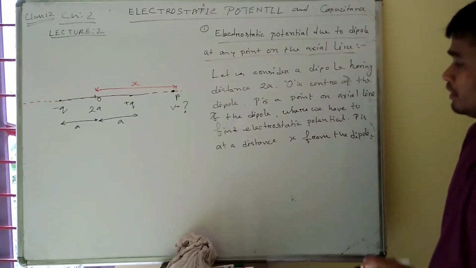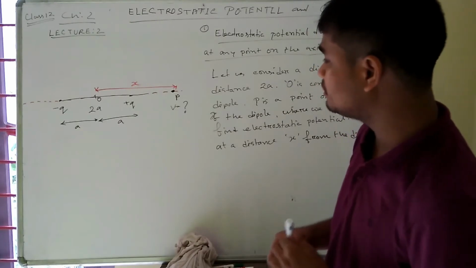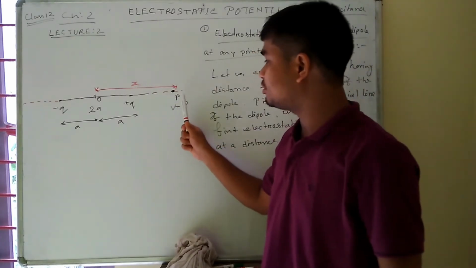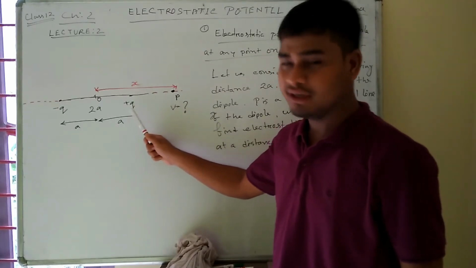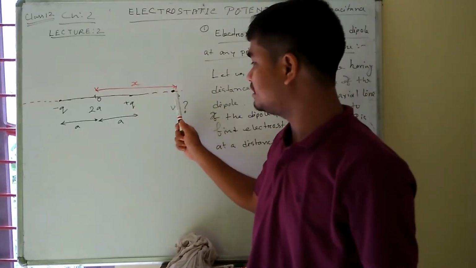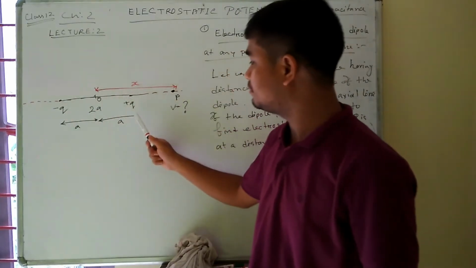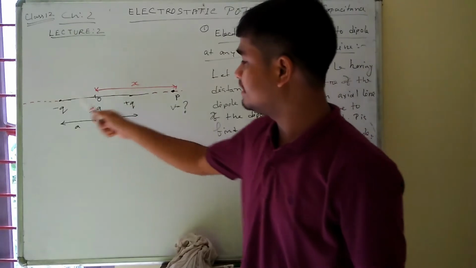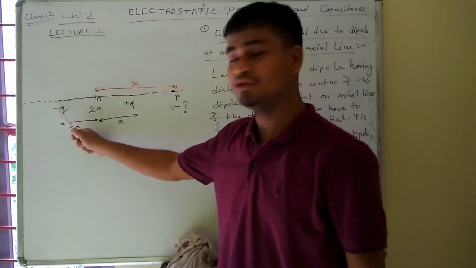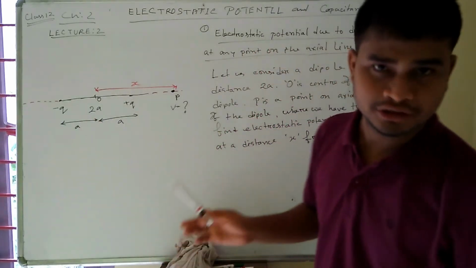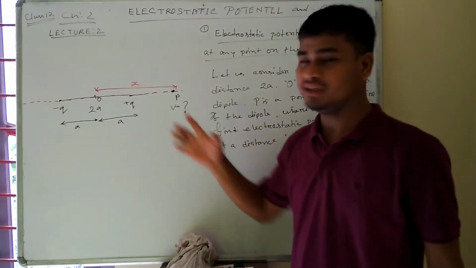At first we will find the electrostatic potential at P due to the point source plus Q. Then we will find the electrostatic potential at P due to the source minus Q. Then we will sum up the values and find the electrostatic potential due to the dipole.